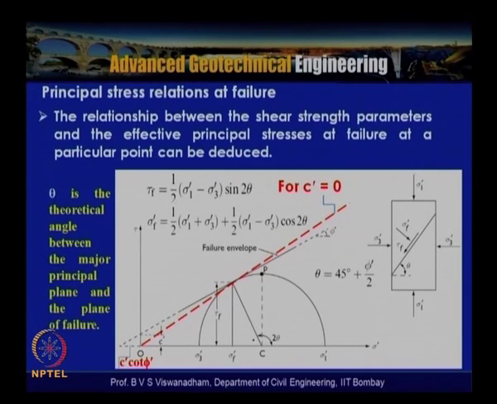So we have the combinations of tau f and sigma dash f at failure.